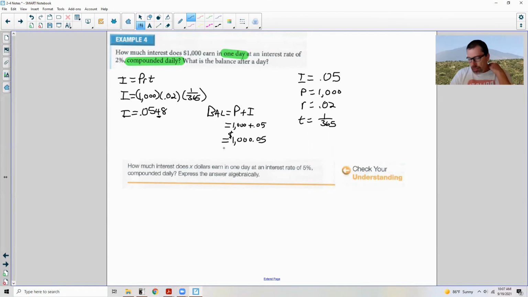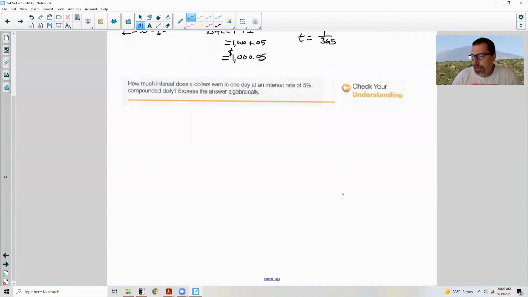Okay, all right, so now it says how much interest does X dollars earn in 1 day at an interest rate of 5% compounded daily? Express your answer algebraically. So this is a check your understanding. Pause the video, see if you can do this, and then come back. Okay, so let's see. We have I equals PRT, and I'm just going to do this the same way. I equals, P equals, R equals, T equals.